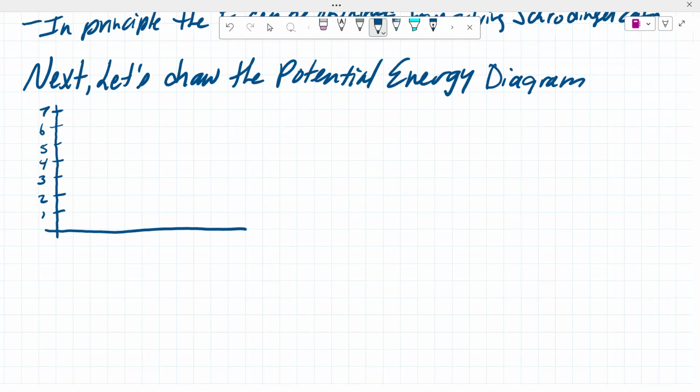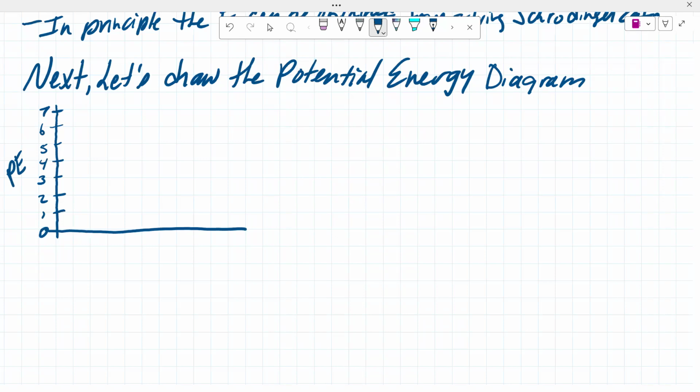Now, this is the potential energy on the y-axis. And what we're going to do here is represent where the peptides fall on this. Okay, so the C peptide has the value of 0, right?